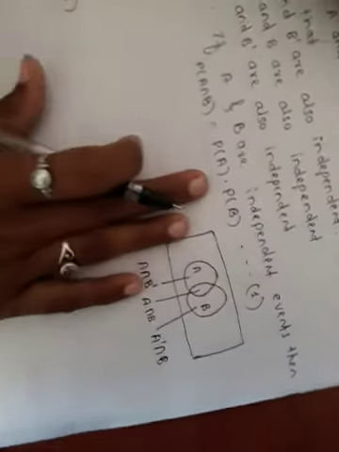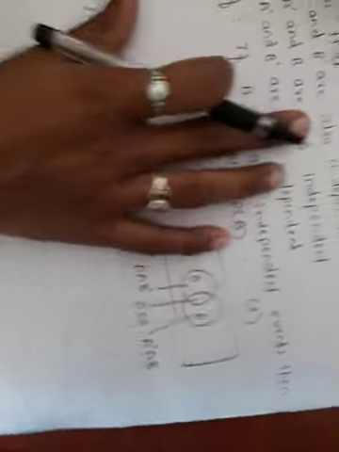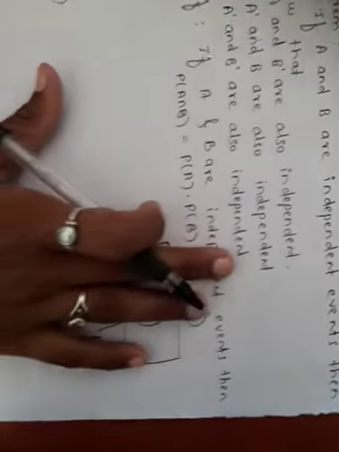First condition is A and B dash are also independent.